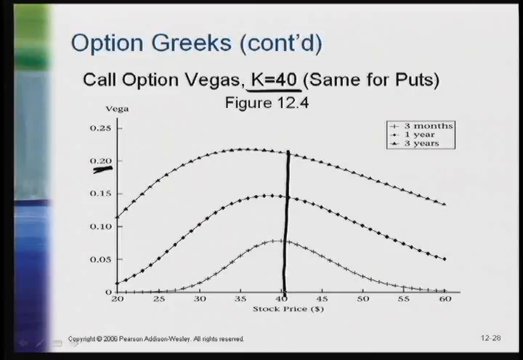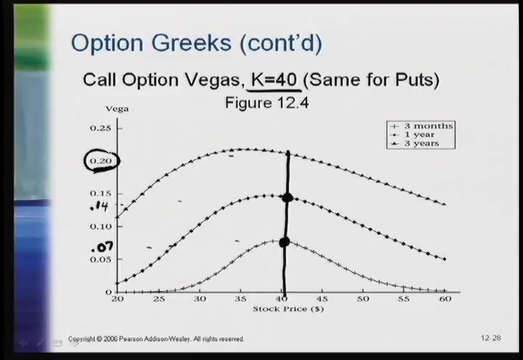It's saying that if I have a 3-month option, it has a vega of around 7 cents. If I have a 1-year option, it has a vega of, let's call it, 14 cents. And if I have a 3-year option, it has a vega of, let's call it, 20 cents.